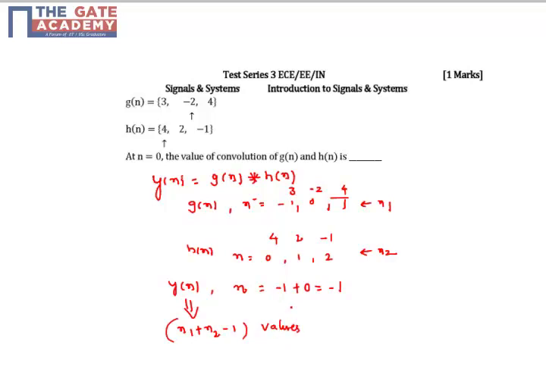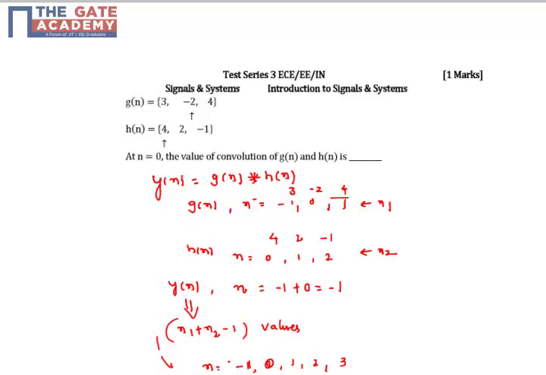So how many values here will you get? 3 plus 3 is 6, minus 1, 5 values. So from where is it starting? For y of n, the n value is starting from minus 1, 0, 1, 2, 3, right? So the second value will become y of 0, right?